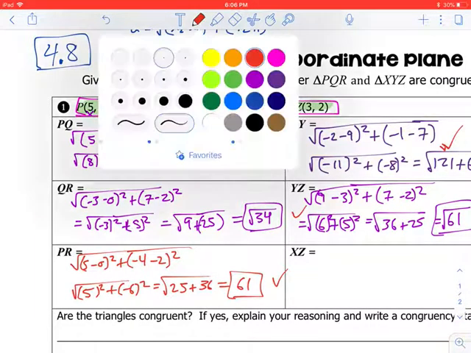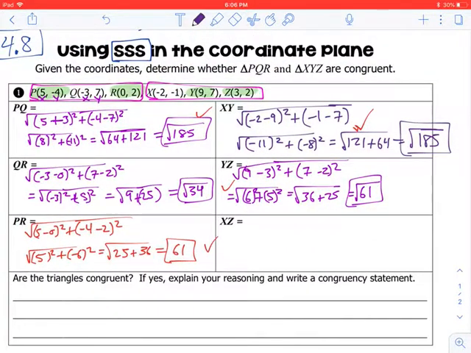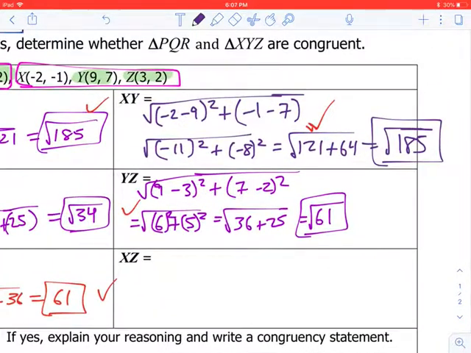So last one, I got to go ahead and find out if xz is equal to square root of 34. So xz means I'm going here and here. So here we go. Negative 2 minus 3 squared plus negative 1 minus 2 squared.